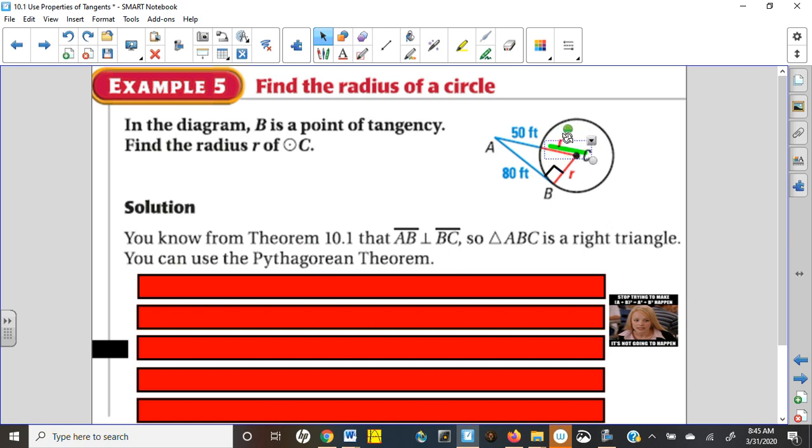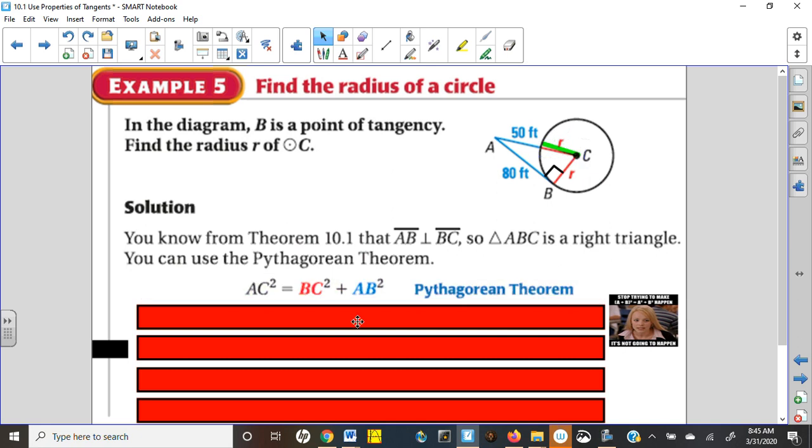So we should be able to set up an equation with the Pythagorean theorem, which uses that radius. As a triangle, I know that side AB squared plus side BC squared equals side AC squared, right? But I know that AB is 80, and I know that BC is R. So R squared plus 80 squared equals what? Well, this entire side here would be 50 plus R, or R plus 50.